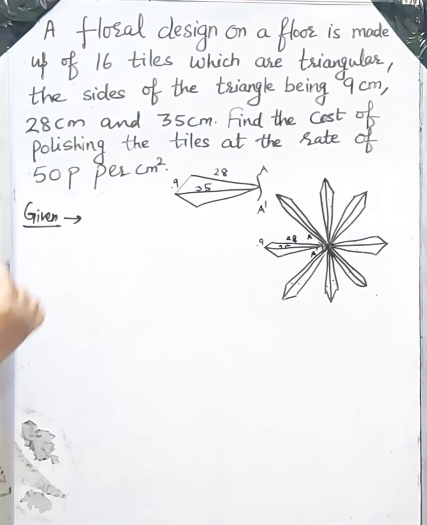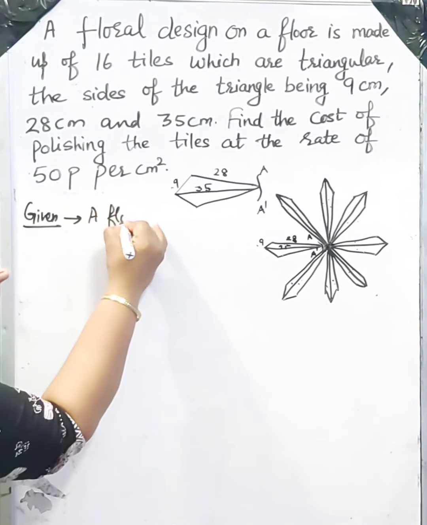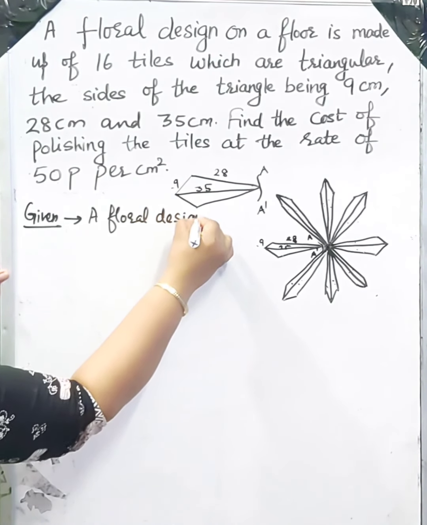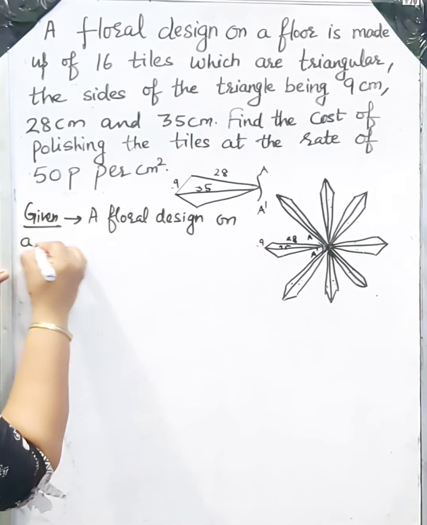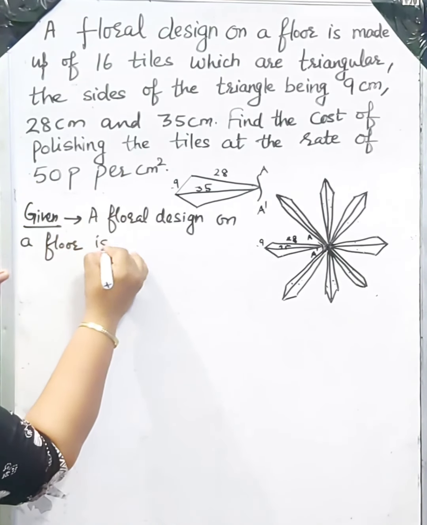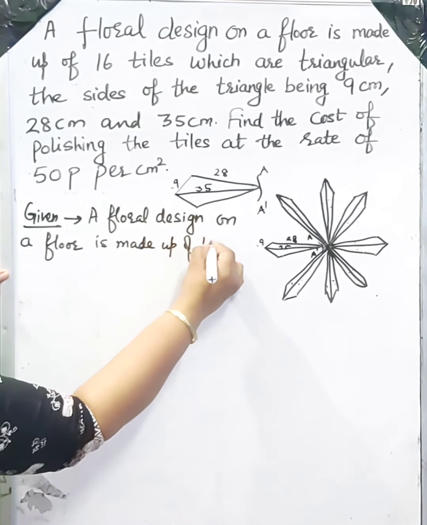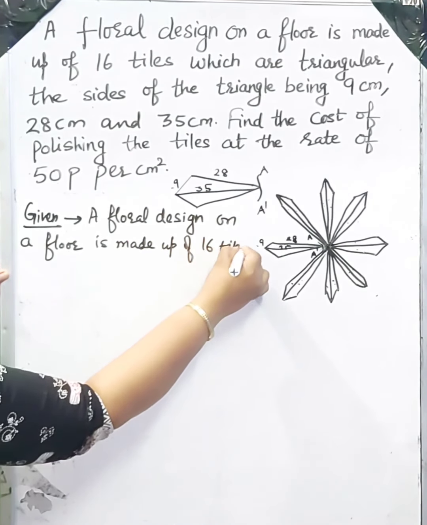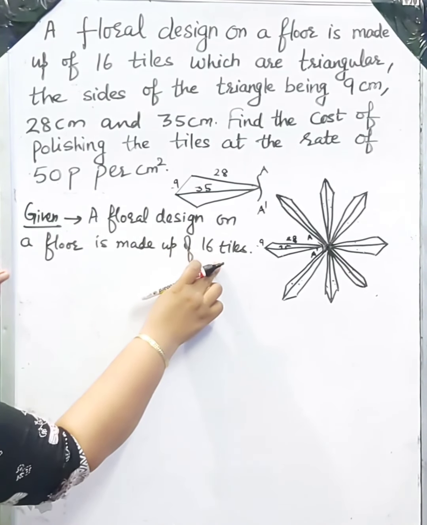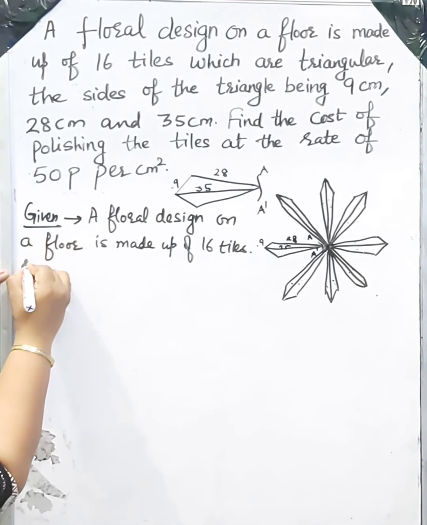Now in this question, given is a floral design on a floor made up of 16 tiles. It means the total number of tiles is 16, which are triangular in shape.